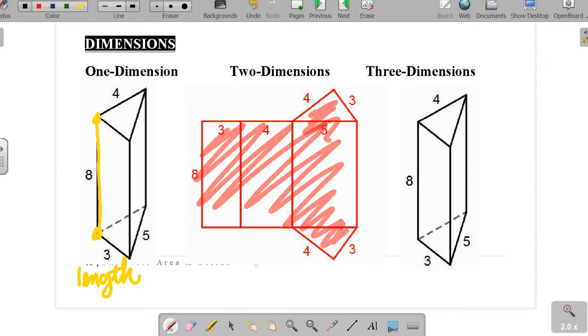That is a 2-dimensional concept. Technically, we call it length and width. Volume, of course, is 3 dimensions, length, width, and height.